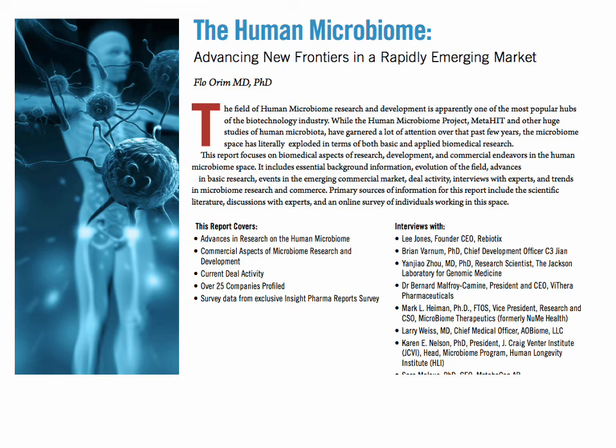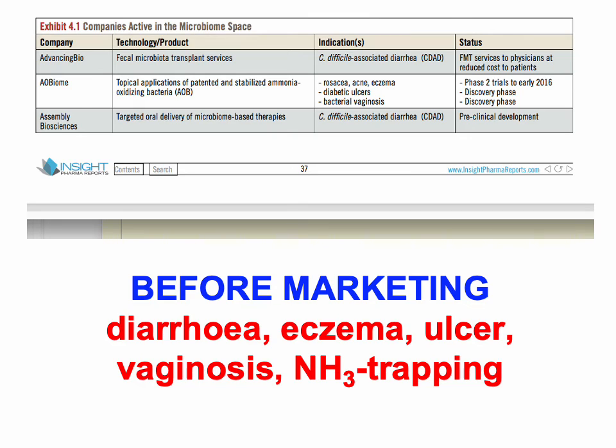And the human microbiome project is very developed, and some products are before marketing against diarrhea, eczema, ulcer, vaginosis, and ammonia trapping.